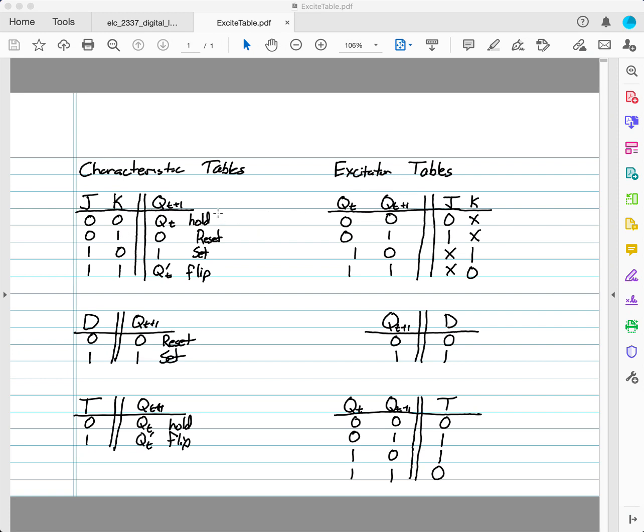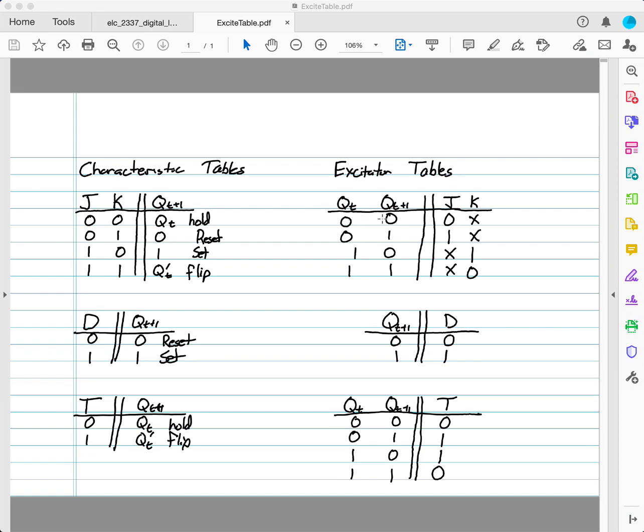So since either hold or reset would work, both of those have J equals 0, and it doesn't matter what the K value is, because either one would work. So the K value doesn't matter. As long as J is equal to 0, I will get this transition that I want.